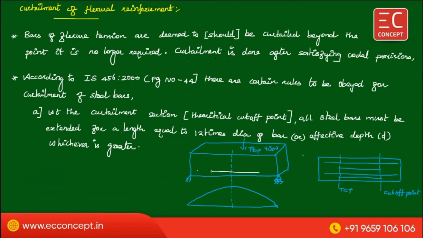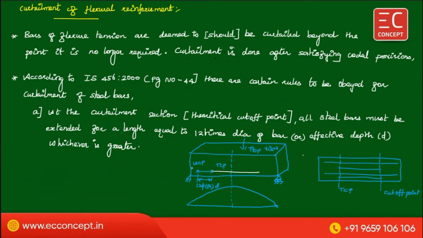This is the theoretical cutoff point TCP, but you don't curtail at this TCP point. You have to extend this bar up to the actual cutoff point, a distance of 12 times the dia or effective depth, whichever is greater.